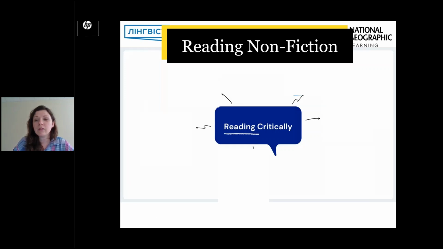Lots of you wrote to me that reading nonfiction helps to develop critical skills. In our world, there is so much information. Some of the information is true. Some of that is fiction.